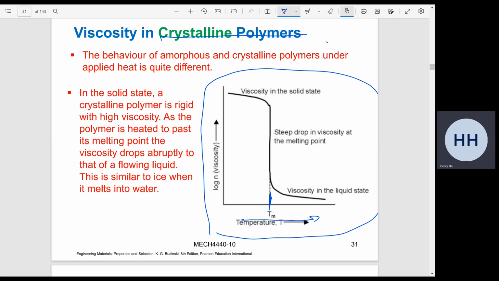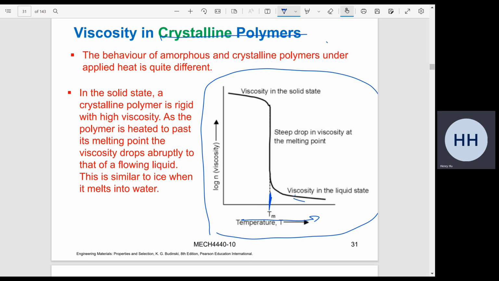So the crystalline polymer has similar viscous behavior to a metal. At the melting temperature, the crystalline polymer will change its phase from solid to liquid, and so it can flow very easily above the melting temperature.